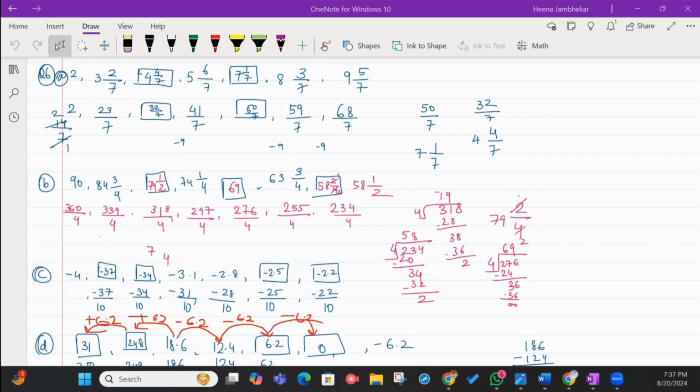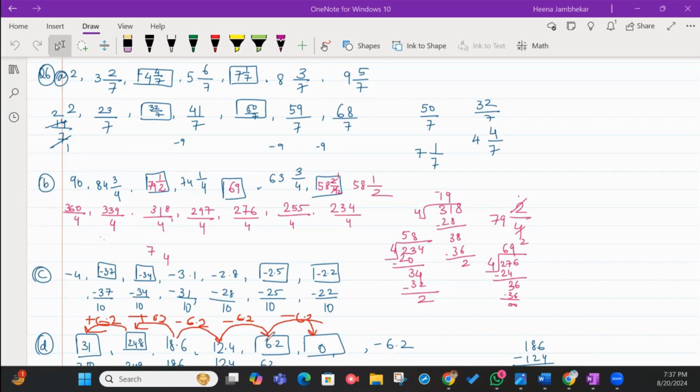It's minus 6.2. So as you move forward, from 18.6 to 12.4, you will have to subtract something. Then again from 12.4 to the next number, since you're moving towards the same side, again you will subtract 6.2. Are you understanding this, Sneha?